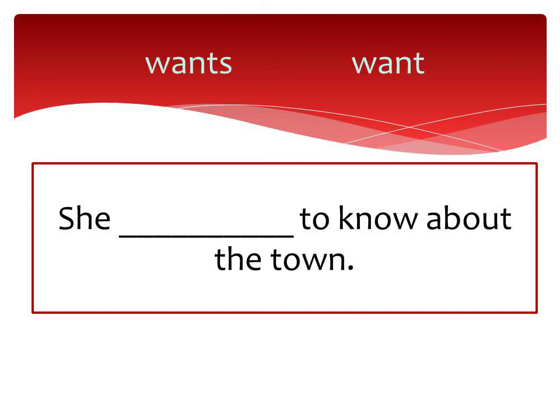She wants or want to know about the town. The subject is she, singular, so the verb should also be singular with S. She wants to know about the town.